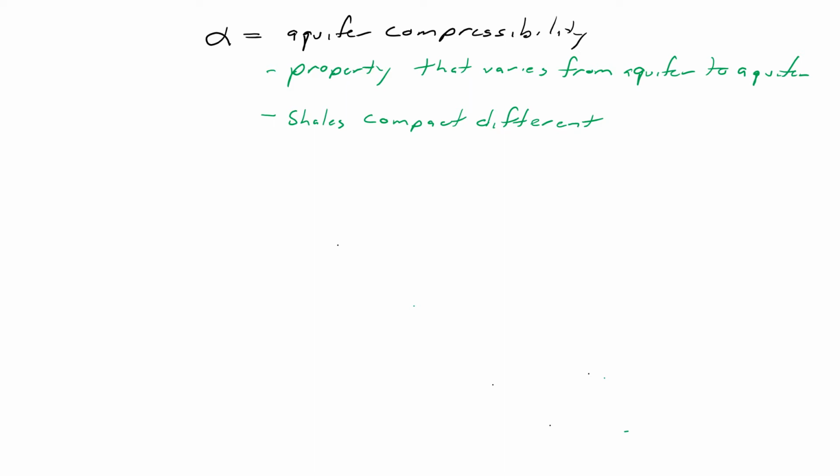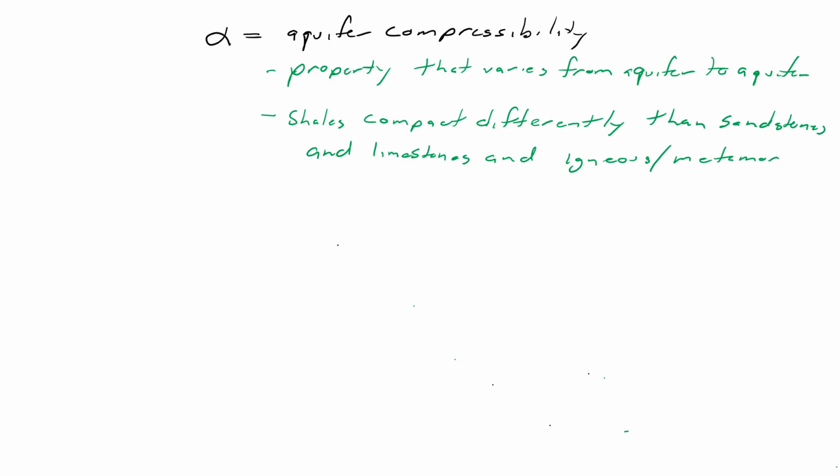So again, shales compact differently than sandstone and limestones. And all of them act differently than igneous or metamorphic rocks. Some rocks are just stronger than others and resist compaction better than others.